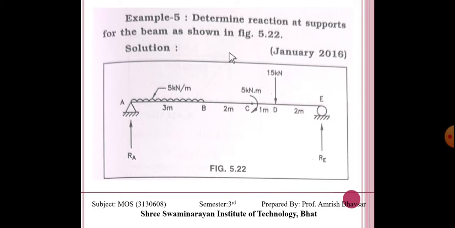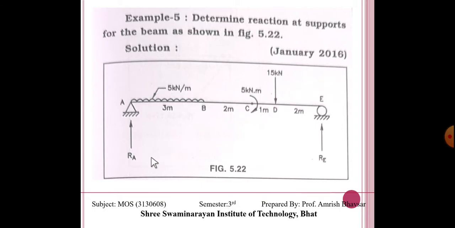The problem says determine the reactions at supports for the beam shown in the figure. Here we have a simply supported beam having a UDL, a moment, a point load, and some distances. Hinge support at A, roller support at E.